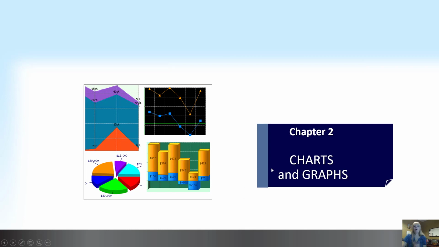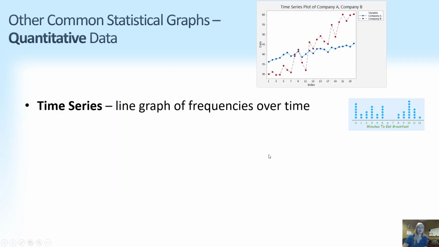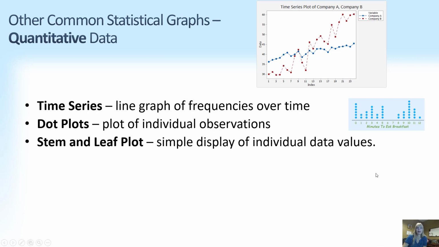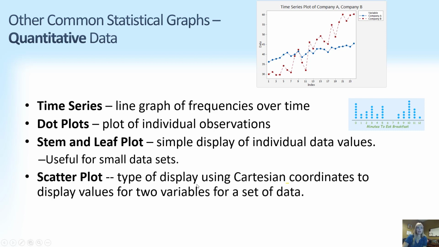All right, and then you move on to where you're going to look at different types of charts and graphs, a time series, looking at something over time, a dot plot where each one of these dots represents a data value, stem and leaf, which I'll show you here in a second, which is kind of better for small data sets.